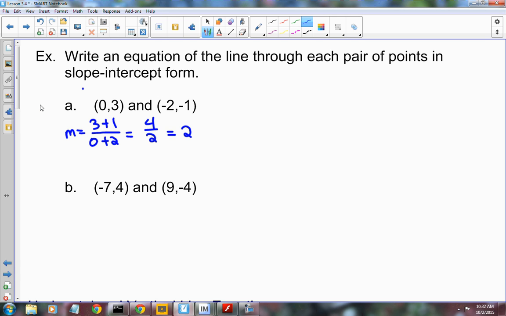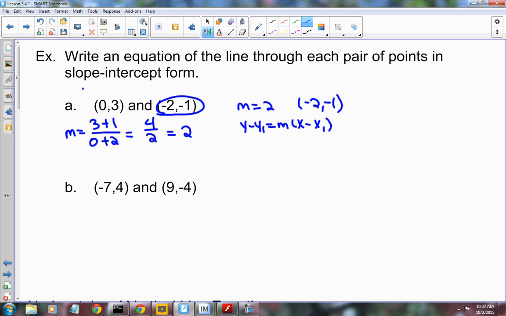Okay, and so my slope is 2, and then I want to pick one of these 2 points. It doesn't matter which one you pick. I'm going to pick this one, and then I'm going to talk about this other one here in just a second, okay? I'm going to use the point -2, -1. All right, so I'm going to plug it into my y minus y1 equals m times x minus x1.